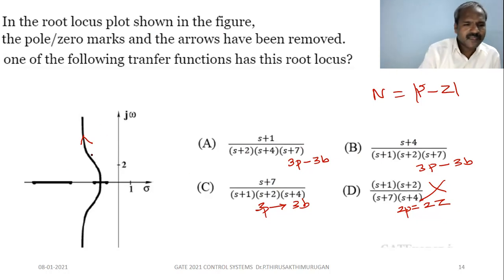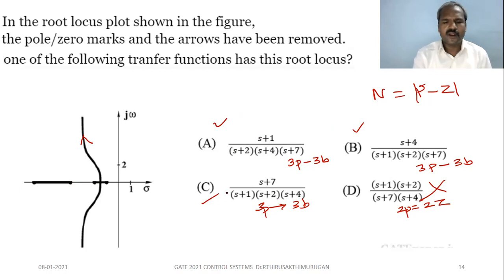If these 2 points are zeros, then in options A, B, C, all 3, only 1 zero is possible. So which zero is applicable here?